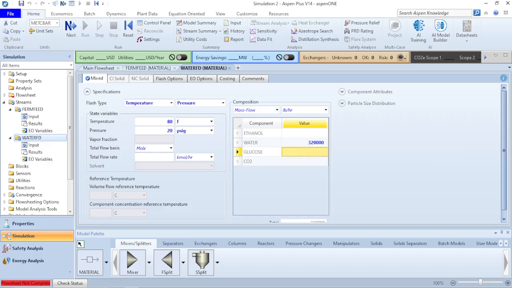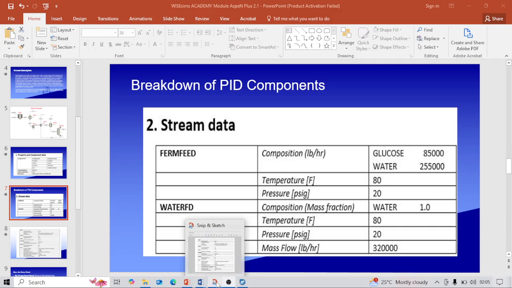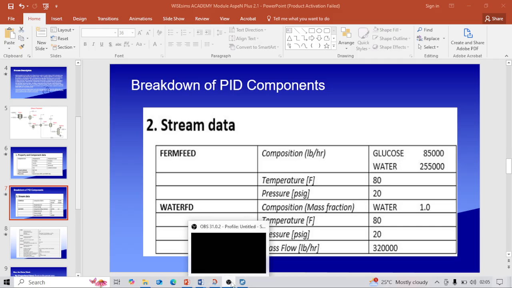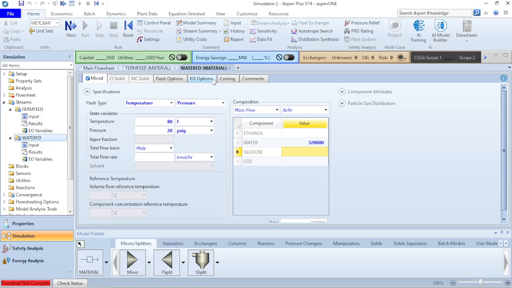So let's look at what we have in. All right, so we can see that we are in line 80, 80, 80, 20 psig. Okay, this one is for mass fraction. All right, so let's quickly do that. According to what we have there, they put the mass fraction of water.